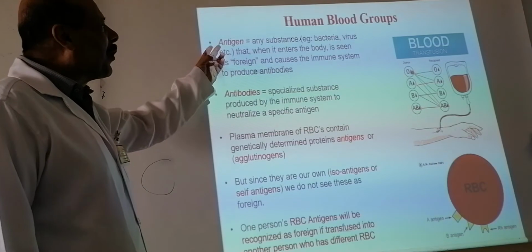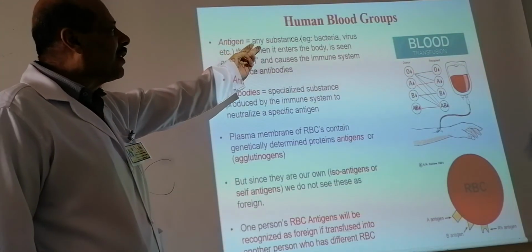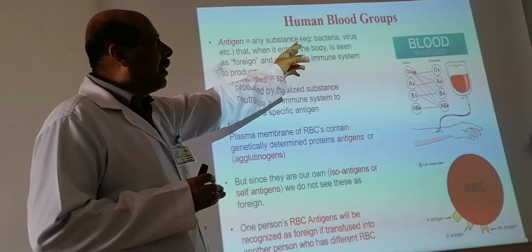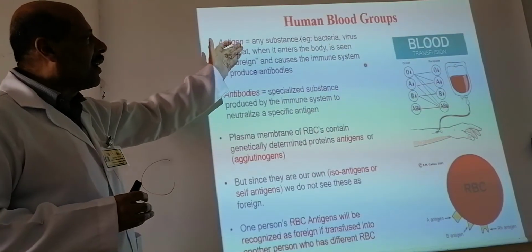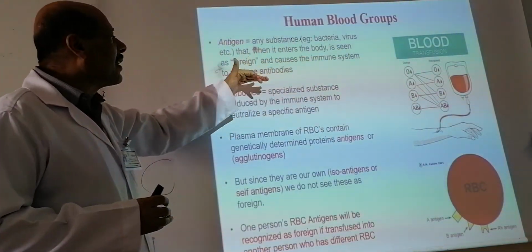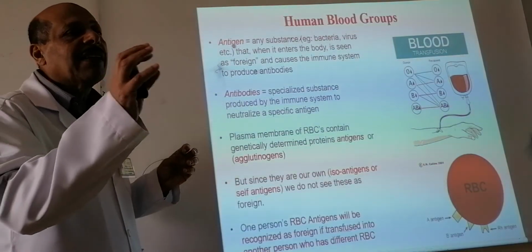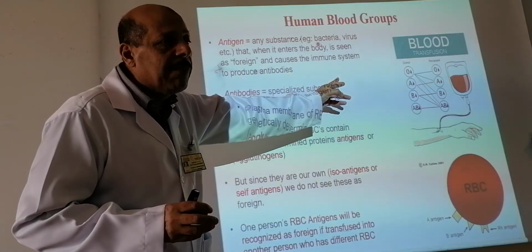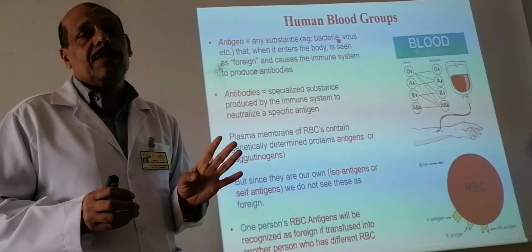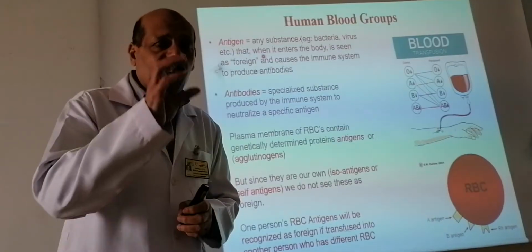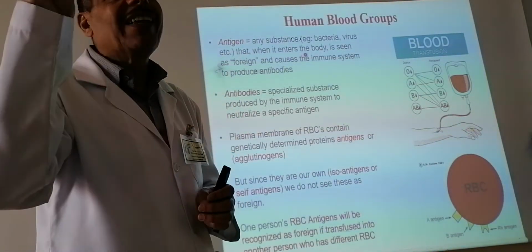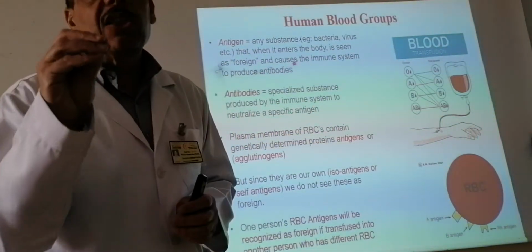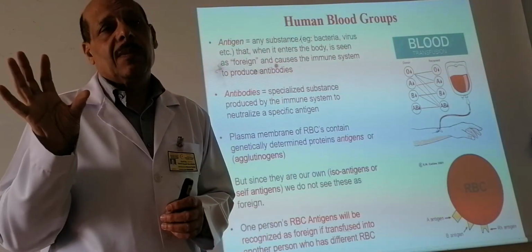So for human blood group, as we said, there is the antigen. It is any substance, for example bacteria or a virus, that when it enters the body is identified as a foreign body and causes the immune system to produce antibodies.